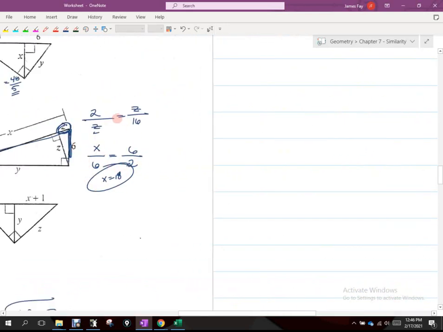Okay, so if x is 18, now I can go up here and say z squared equals 2 times 16. Square root that. Square root of 2 is just square root of 2. What's square root of 16? 4. So we got 4 radical 2. And then I did z, now I'll find y.